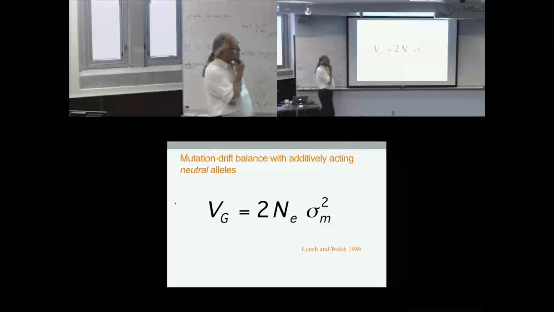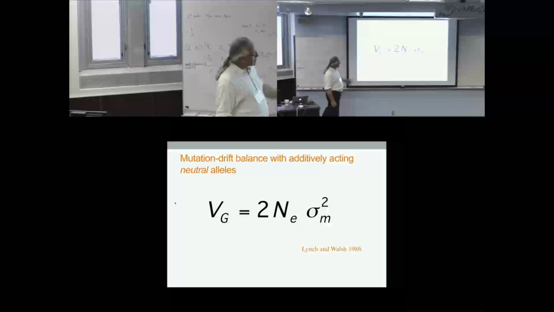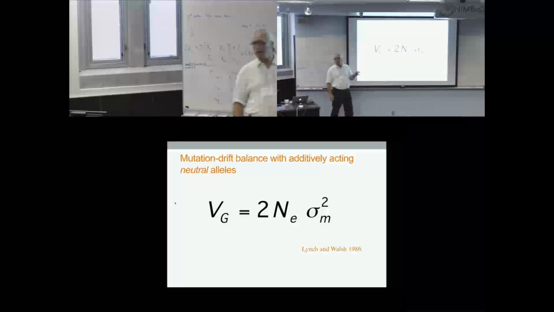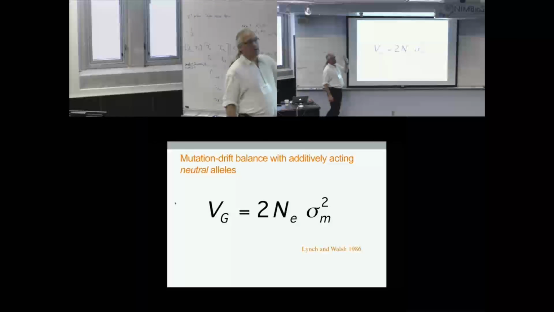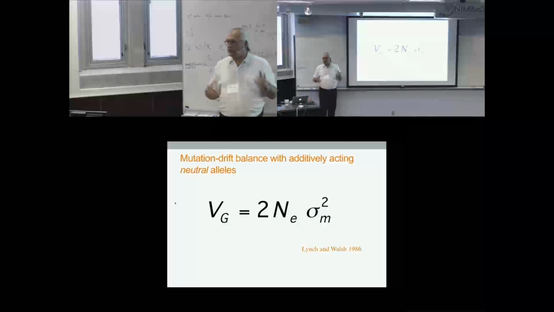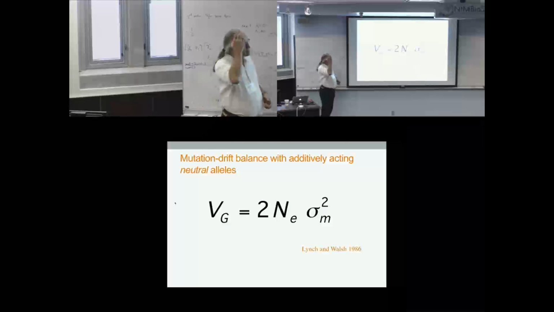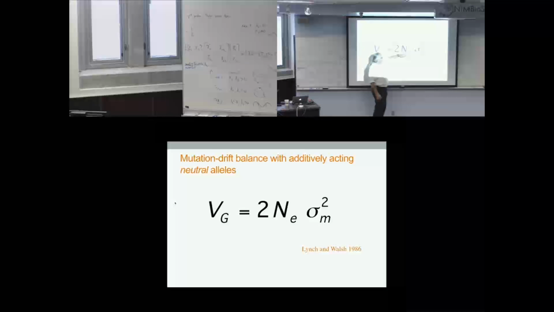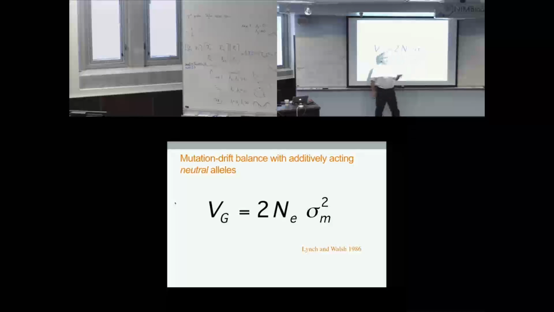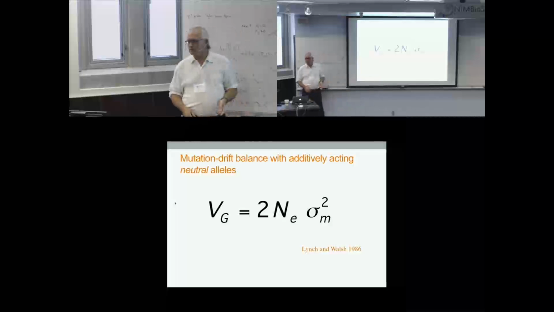Mike Lynch and Bruce Walsh talked about this a couple of decades ago: under these assumptions of additively acting neutral genes, how much genetic variance there would be in a population could be predicted by the effective population size of that population and the amount of mutational variance input to that population per generation.